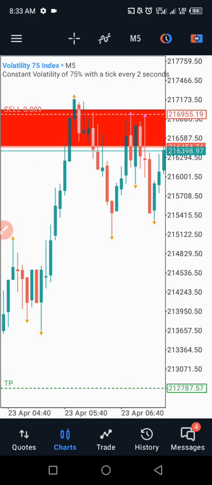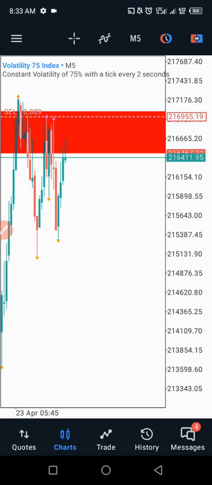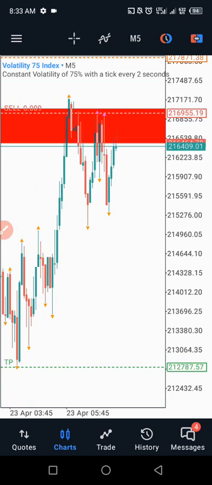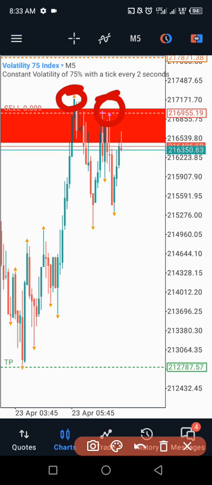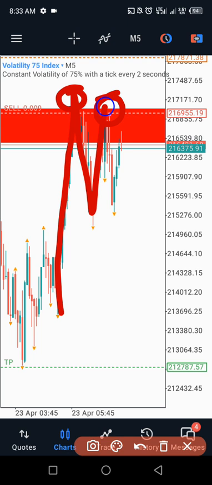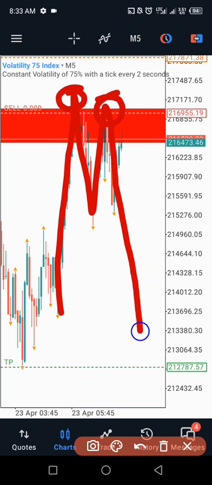On the 5 minutes time frame, you will notice that price created something like a double top here. It's not a perfect double top, but it's a double top. You can see the move here, so we expect price to keep going downwards.